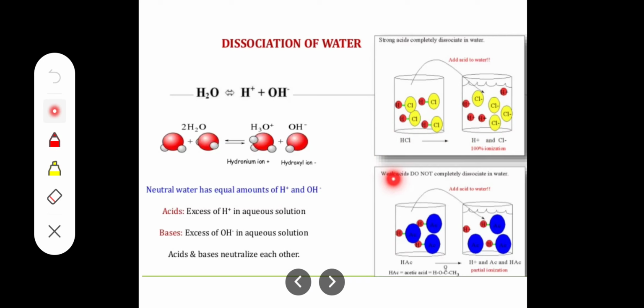Whereas weak acids do not completely dissociate in water, right? Weak acid means here you can see HAc, acetic acid, right? HAc is nothing but CH3COOH, right?